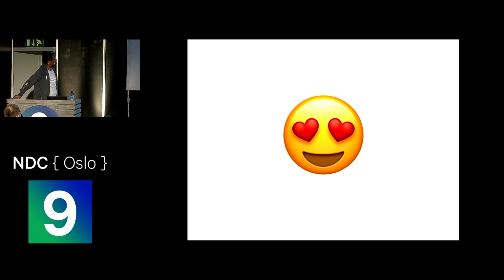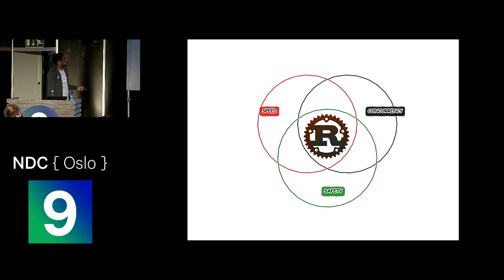Another way I personally like to look at Rust is based on the three main goals that it tries to solve as a systems programming language. Someone told me every talk must have a Venn diagram, so here is mine. The three things, we've touched on two of them, concurrency and safety. And there's speed. Rust is supposed to be comparably fast to C and C++, because the idea was to use it together with them or as a replacement.